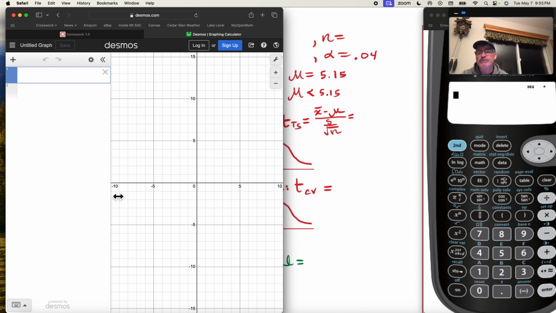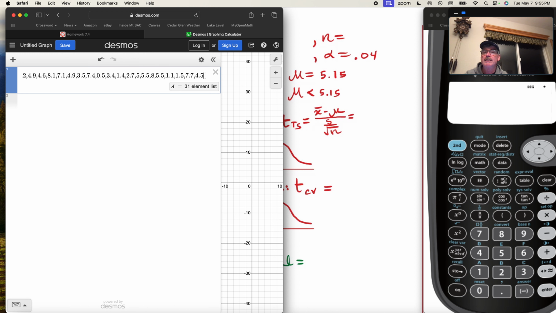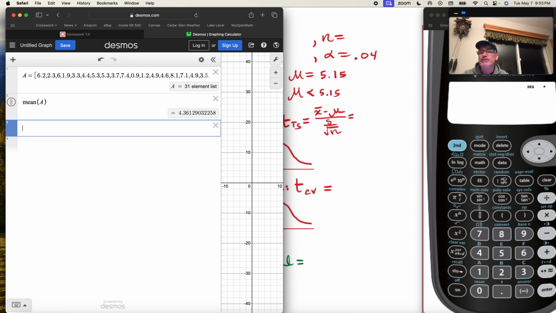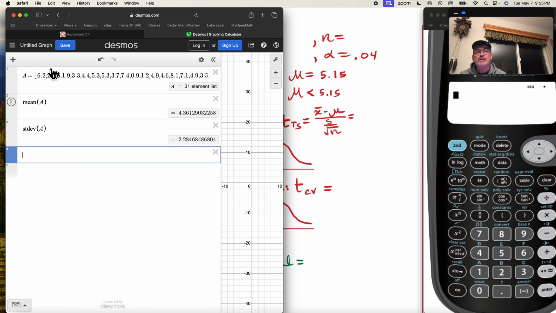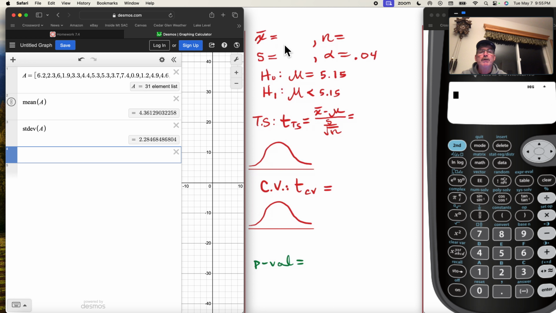I'll move the graph out of the way and say A is equal to, and you have to use square brackets when you paste in these numbers. Looks like there are 31 values there, and I need the mean of A and the standard deviation of A. Okay, so those are all the numbers. X bar is the mean, and this is coming out to be 4.36.